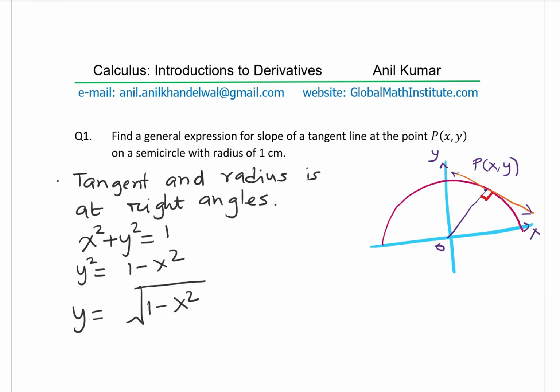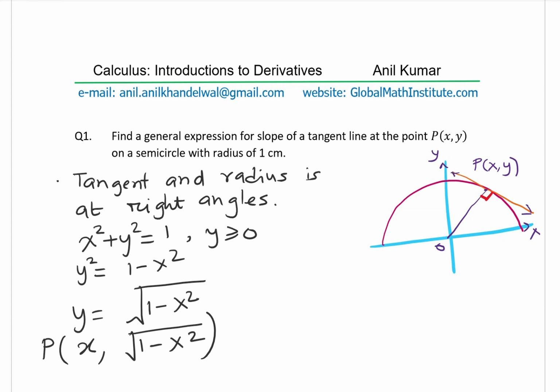Now we are going to take only positive values, right? Here, y is greater than or equal to 0. Then it becomes a semicircle. So that is the y value, and therefore any point here will have x as the x value, and the y value is going to be the square root of 1 minus x squared.